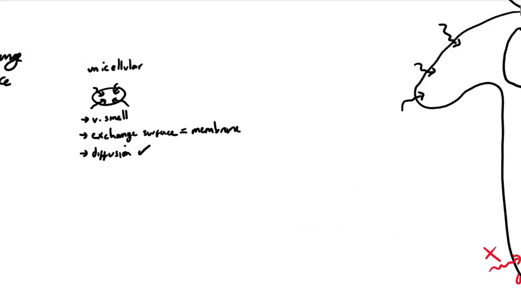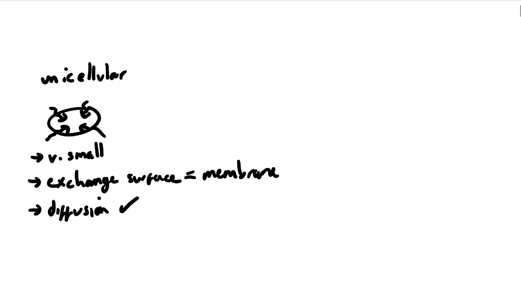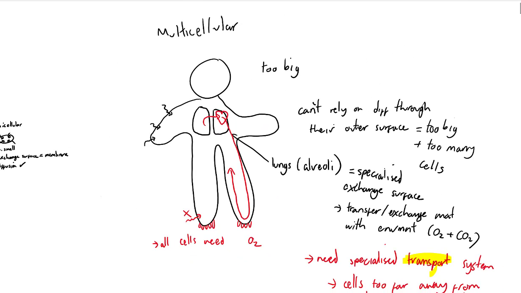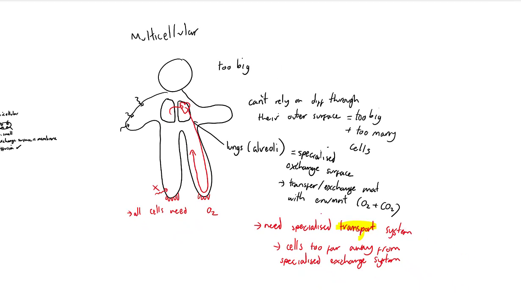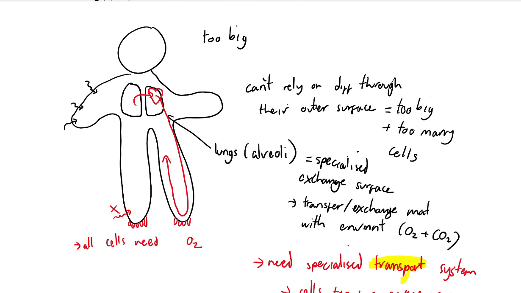So here we are. If you're unicellular, you can use your membrane and you can just transfer everything you need with the external environment through your membrane, and that's fine. But as soon as you get multicellular, you get too big, so diffusion doesn't work very well because diffusion only works well over short distance. As well as that, you're too big and you've got too many cells, so you can't supply them with all those things quickly enough.